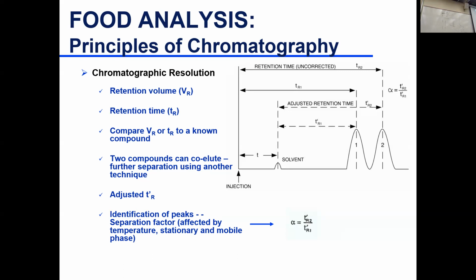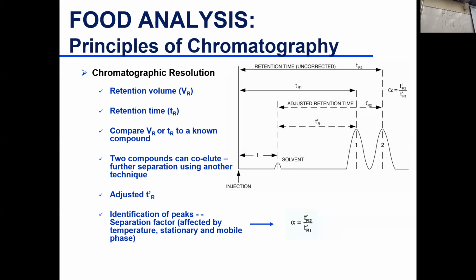If two compounds are coming out together, no matter how you change your mobile phase or flow rate, you're not getting good separation. You do a second separation. We call it 2D chromatography.